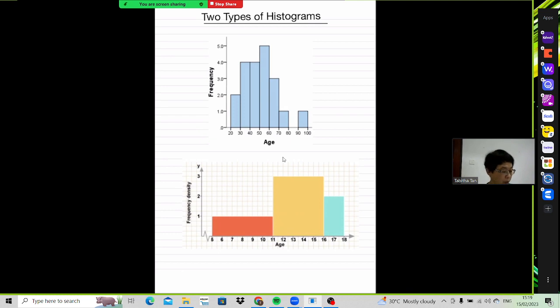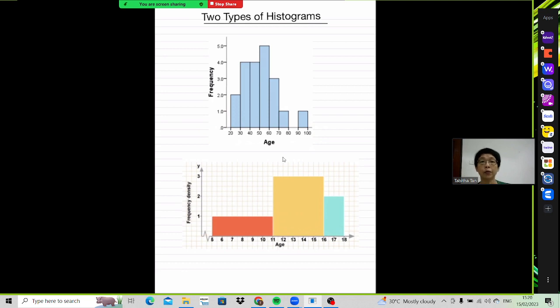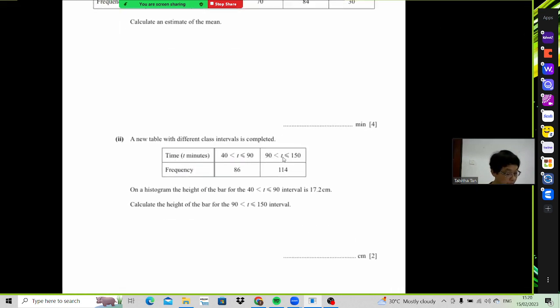On the horizontal axis, the x-axis, we notice that it is referring to whatever data we are surveying. In this case, age, probably the age of people, but this question is talking about time in minutes.